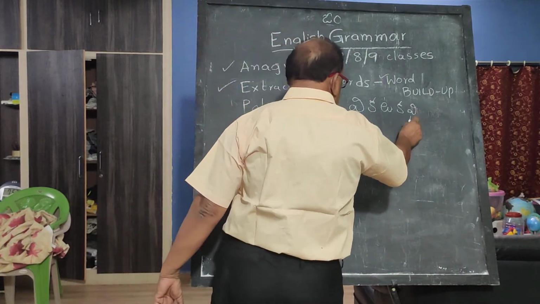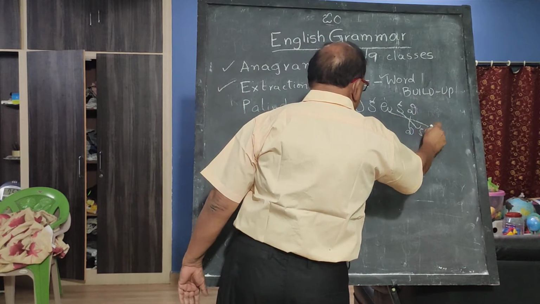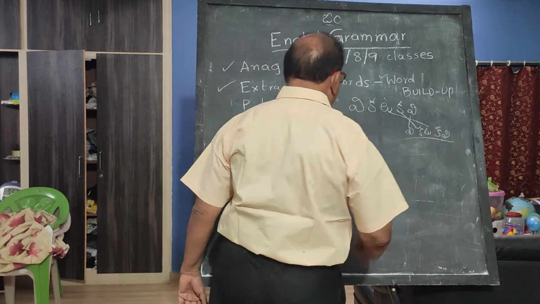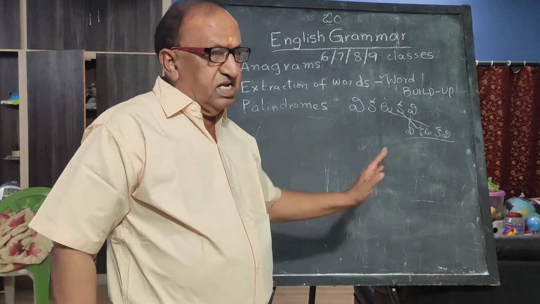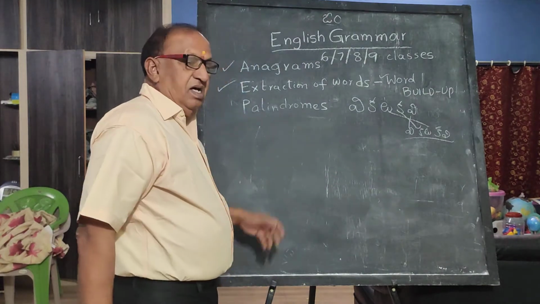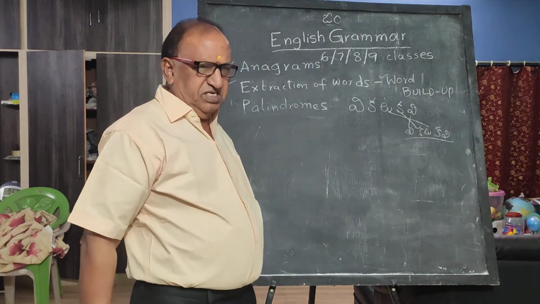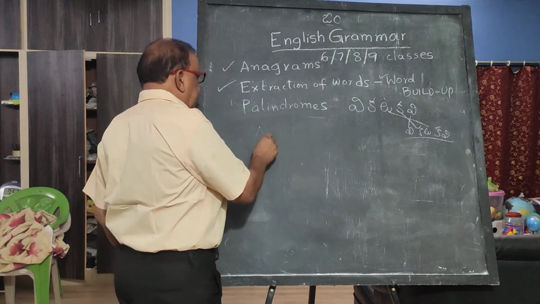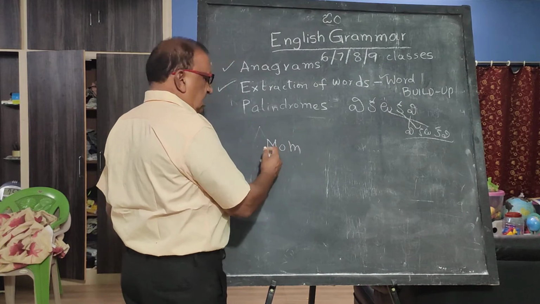You can see here V, Ka, Ta, Ka, Vi. Whether you go in the forward direction or in the opposite direction, you get the same word. Those are called palindromes. There are very good examples in your textbook. For example, the standard one, you can see mom, M-O-M.